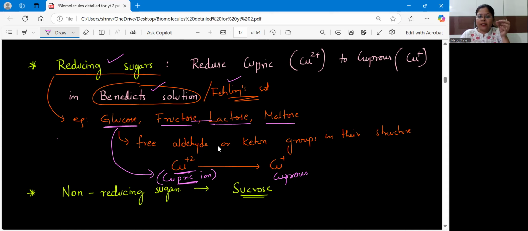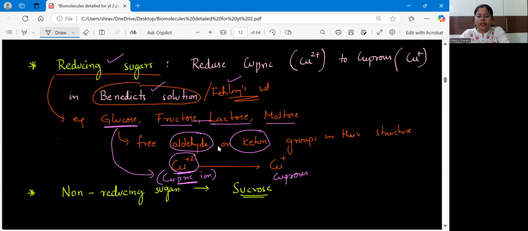In that solution, we have cupric ions. And whenever we have this type of sugar molecules in our body, they will reduce cupric ions to cuprous ions because they have free aldehyde or ketone groups in their structure. Hence, these sugars are called reducing sugars.